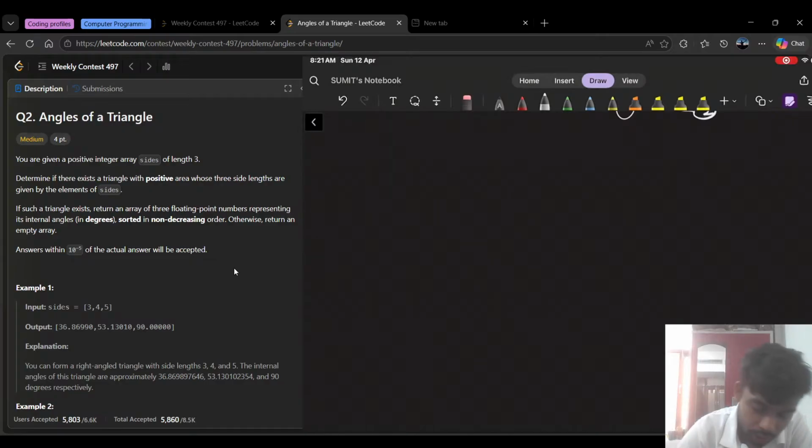Okay, first of all, I need to check if it has positive area, if it exists. If it has positive area, then I need to get all the three internal angles in degrees sorted in non-decreasing order. Okay.